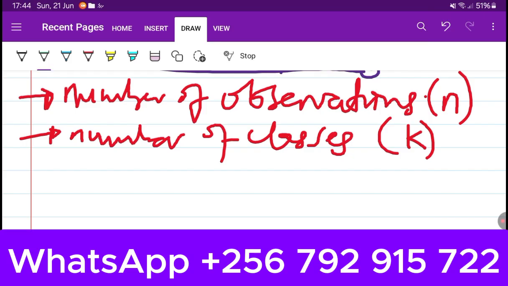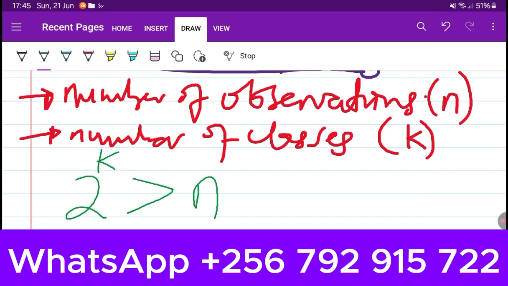Maybe the smallest exponential number, let's say number 2, exponential k, and this is greater than n.